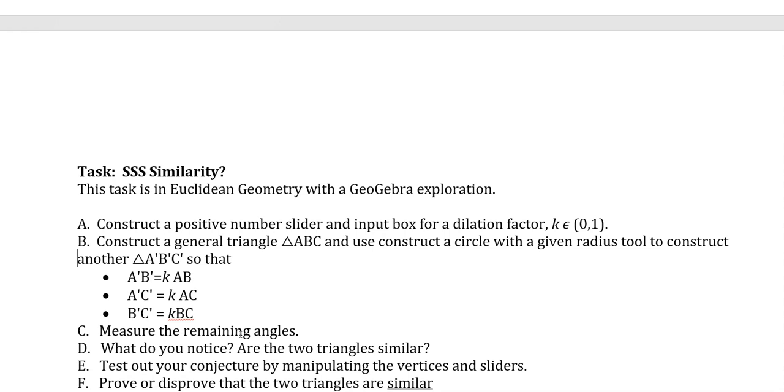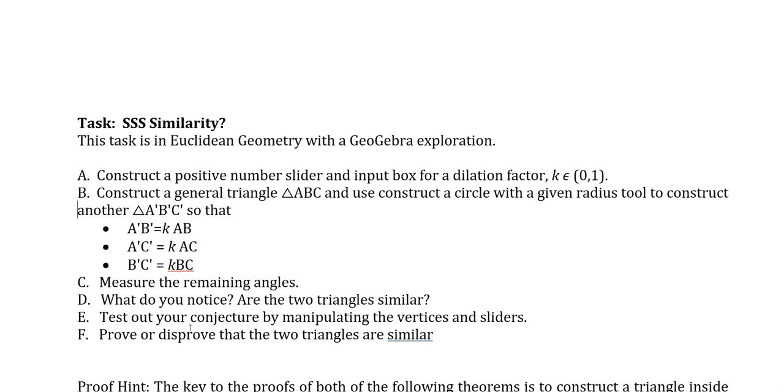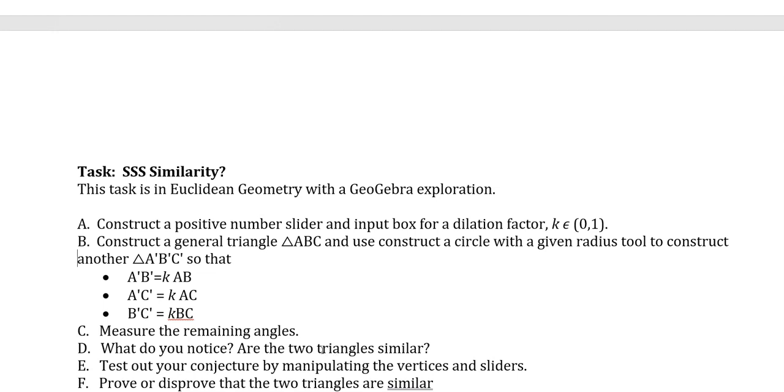Then you'll have the sides proportional with proportionality constant K. So then measure the remaining angles, and what do you notice? Are the two triangles similar? Test out your conjecture by manipulating the vertices and sliders, and once again prove or disprove the triangles are similar.